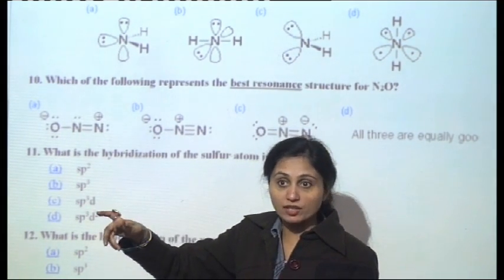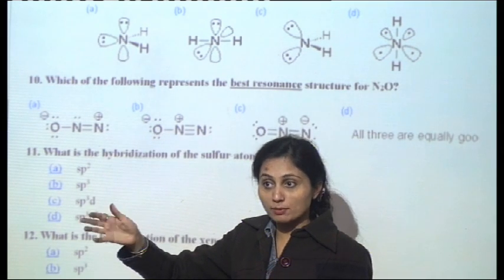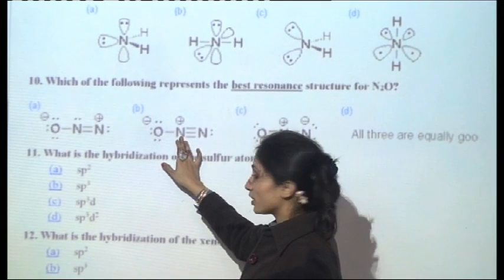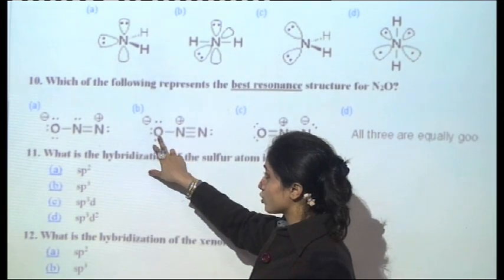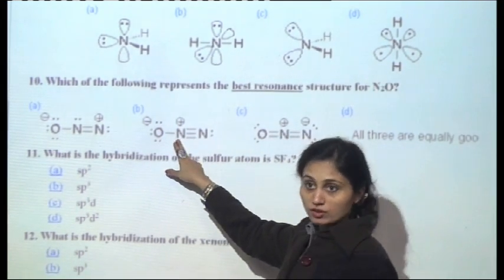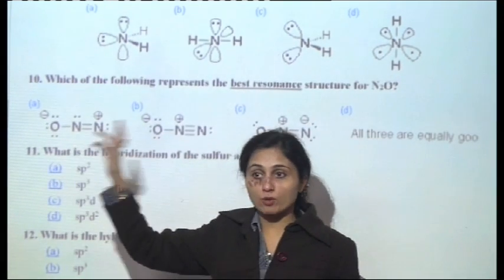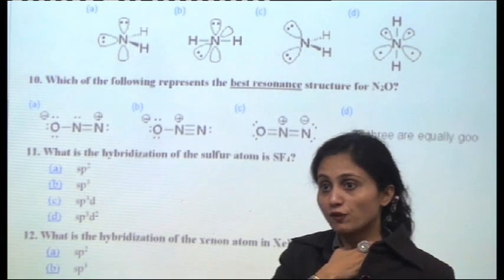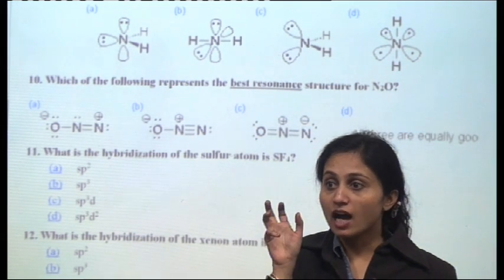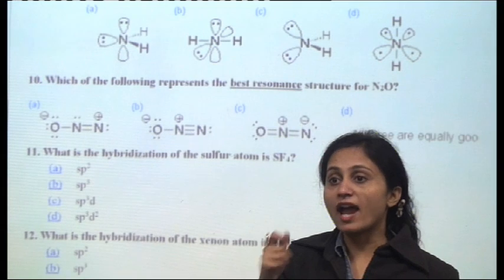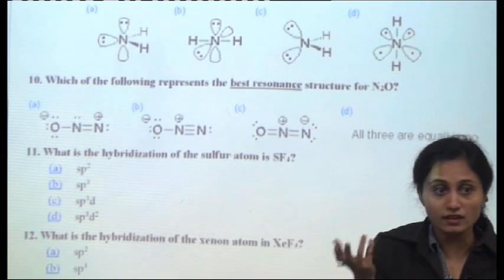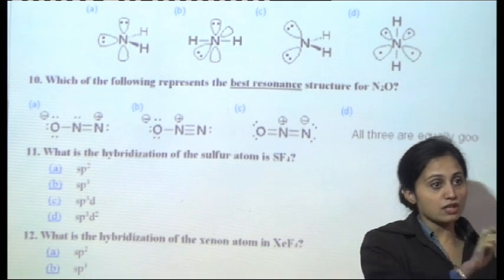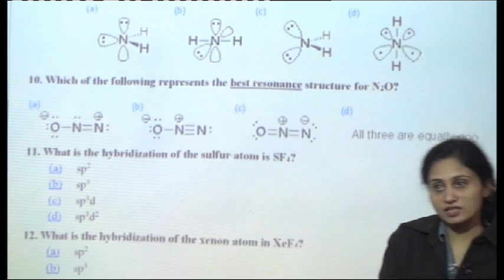So wherever you have a triple bond in comparison to double bond will be more stable. So in that case you will have a triple bond and the negative charge on oxygen and a positive charge on nitrogen. Because all these structures can be possible, but which of them will be the best suited will be the one, first of all, whichever will have the smallest bond length, or you can say the highest s character, and the second point is that whichever has the electronegative atom carrying the negative charge and electropositive carrying the positive charge.